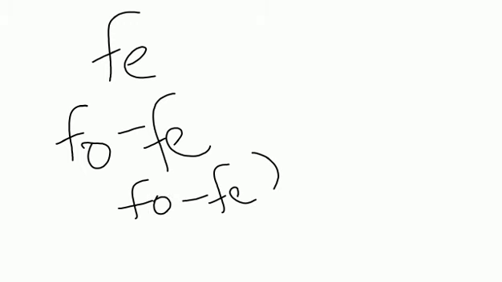So what are the steps required to find out chi-square? First, we have to calculate the expected frequency, that is FE. Second step, find out the difference between observed frequency and expected frequency, FO minus FE. Third step, square it: FO minus FE whole square.